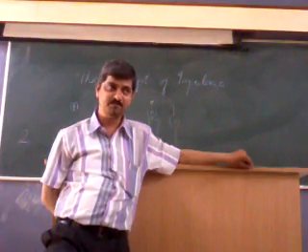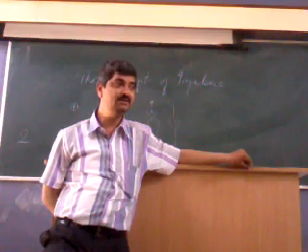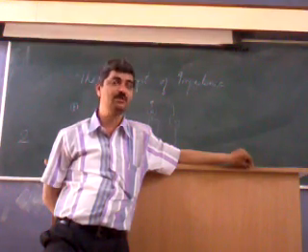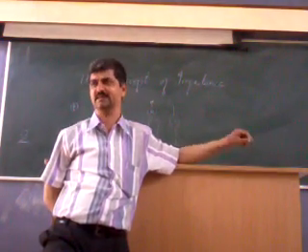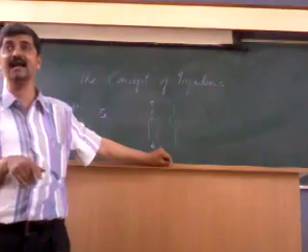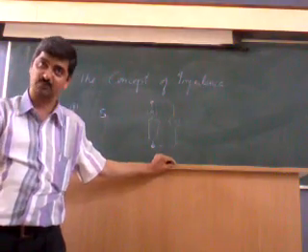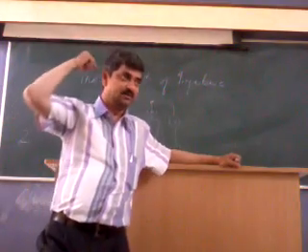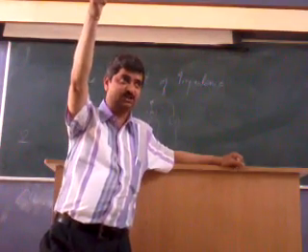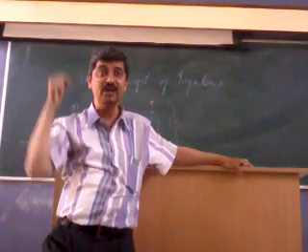Electromagnetic, gravitational, and then electrostatic is not separate; it is a part of electromagnetic. Nuclear: somebody says weak and strong. These are subtypes of nuclear forces. Gravitational force, electromagnetic force, strong force, and weak force.